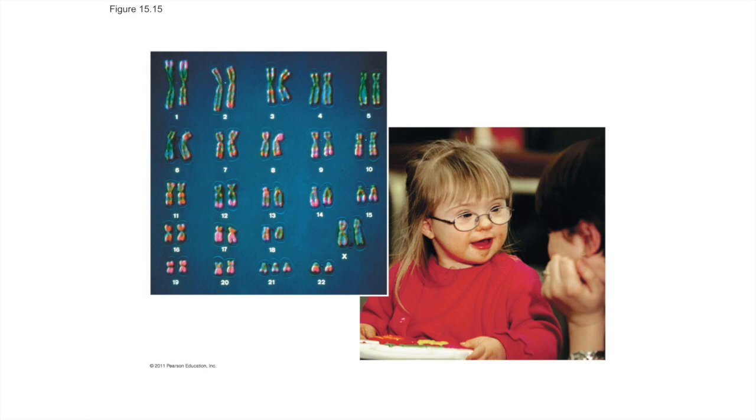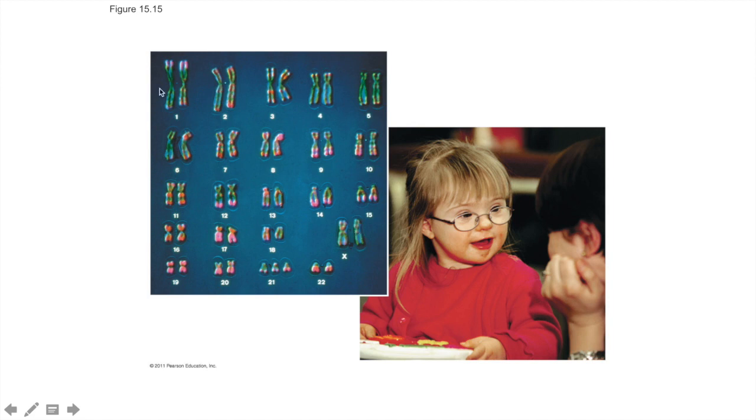That's called an epicanthal fold. But there are a lot of other issues as part of this syndrome, with developmental delay, and a suite of other symptoms that are part of this condition.